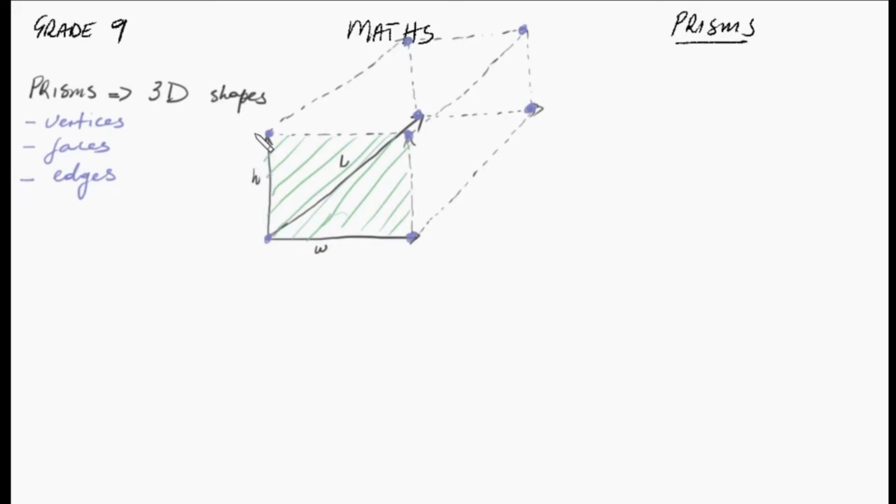That means if we cut our prism, let's say we have a knife and we cut the prism here, it means when we take away this portion here, we are going to be left with a congruent face.